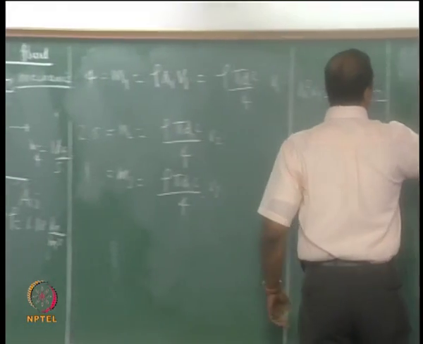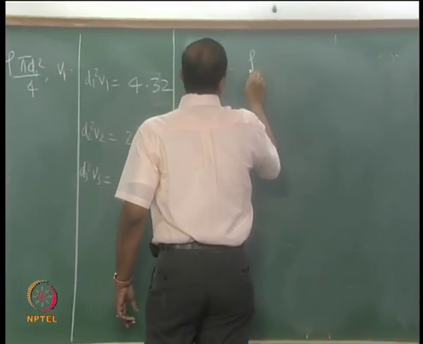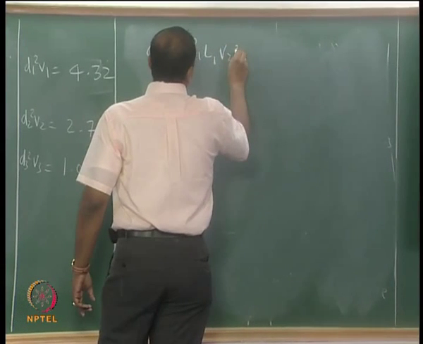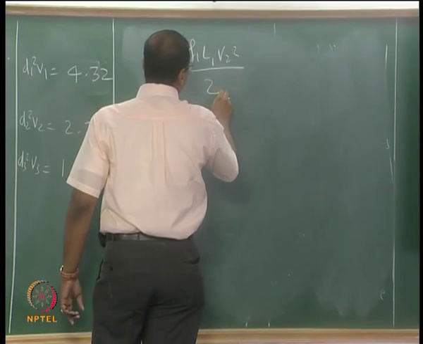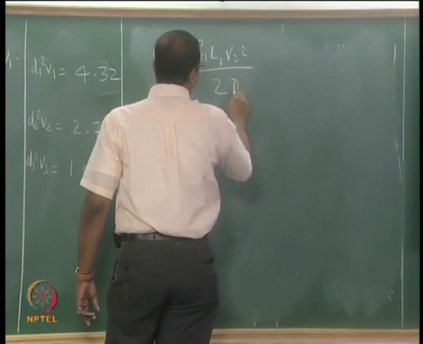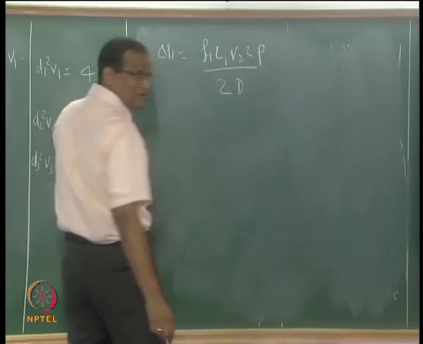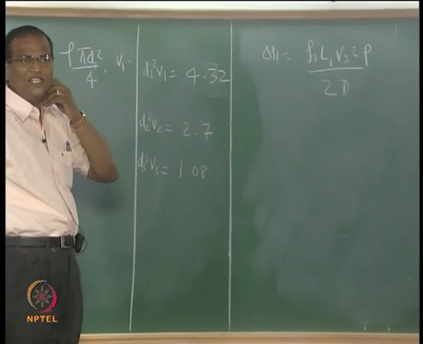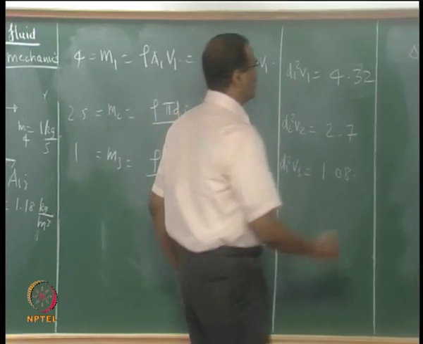Okay, so delta P1 by 2 rho is there, the g got cancelled, right. Okay, so delta P1.